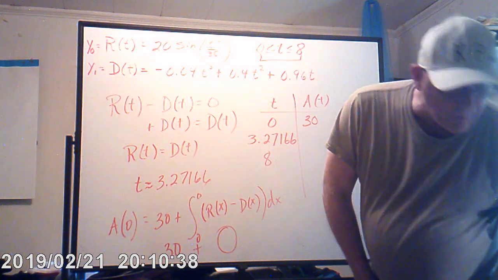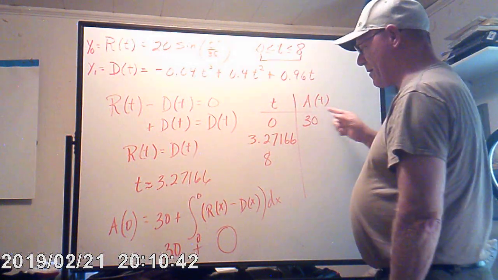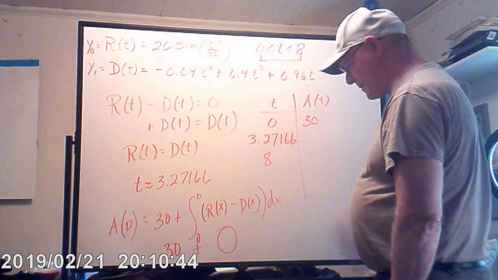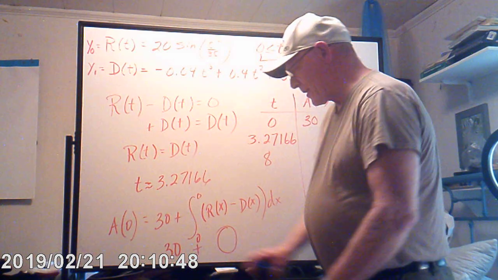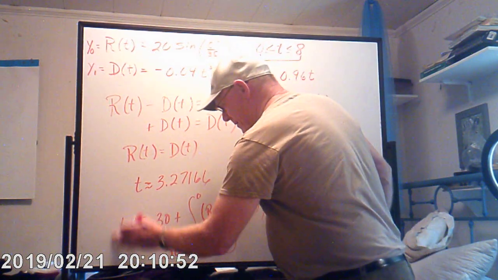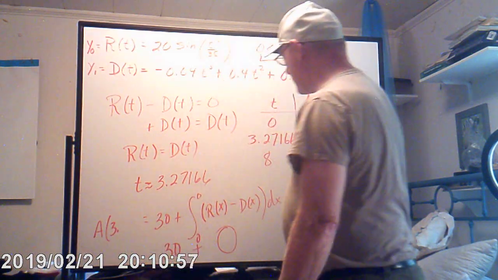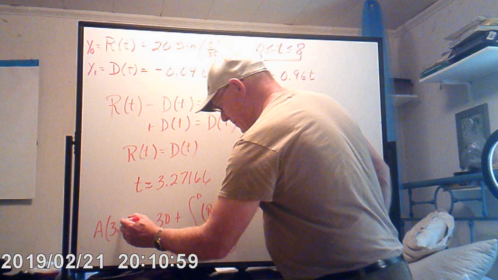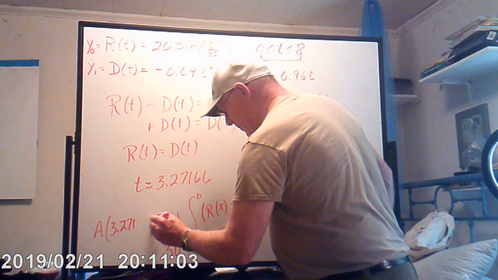This just says amount of water in the pipe. I'm putting A here, A is amount. The next one, we do want to put A at 3.2727166.